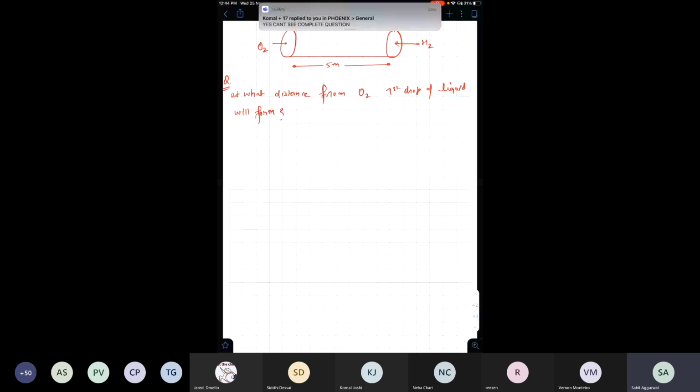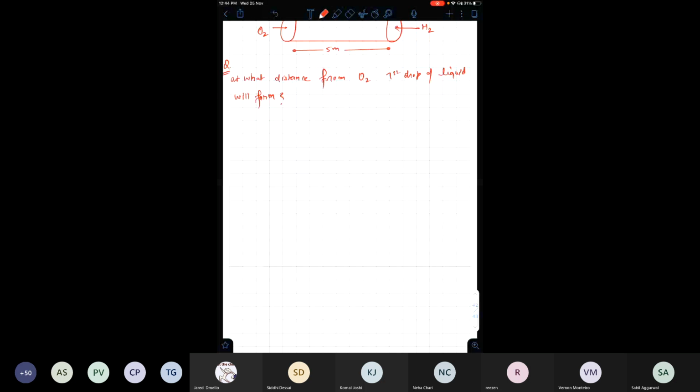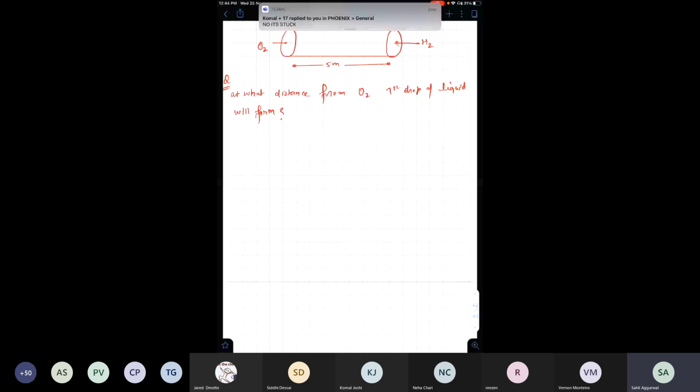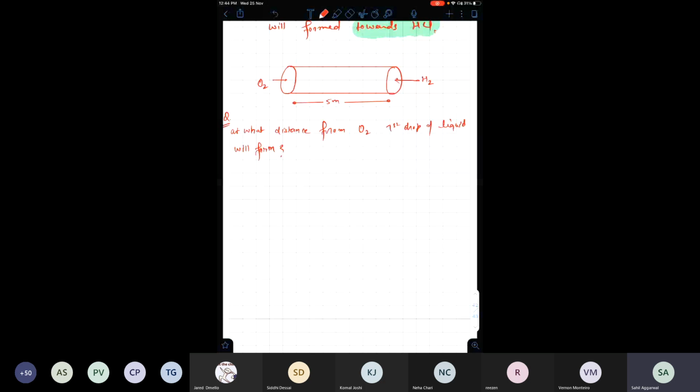Komal, you cannot see the screen. Komal, screen is not visible. What about others? What about others? Pratyusha, you can see the screen.